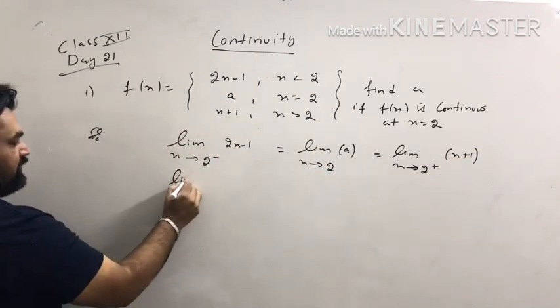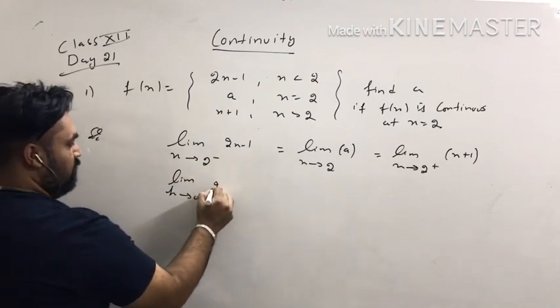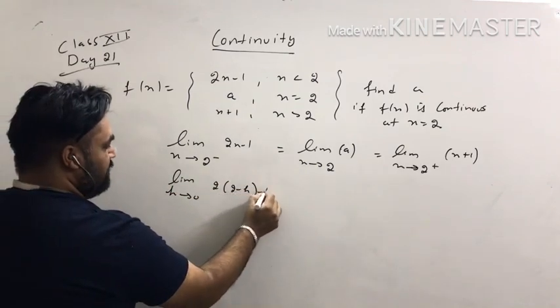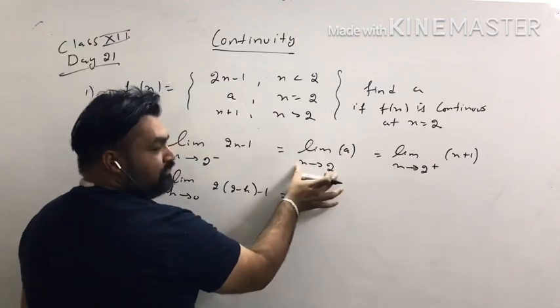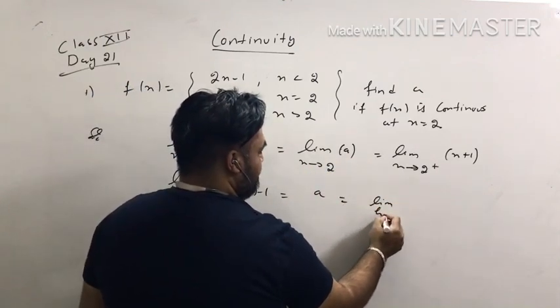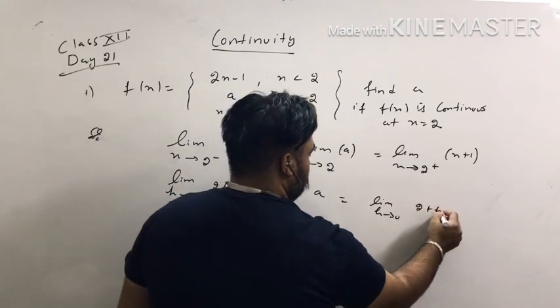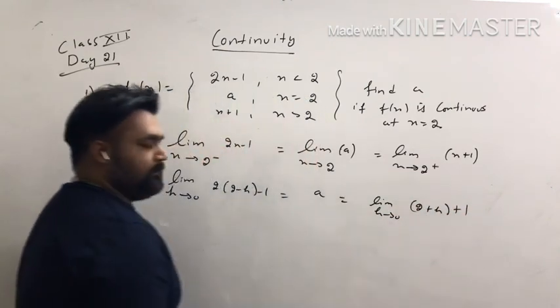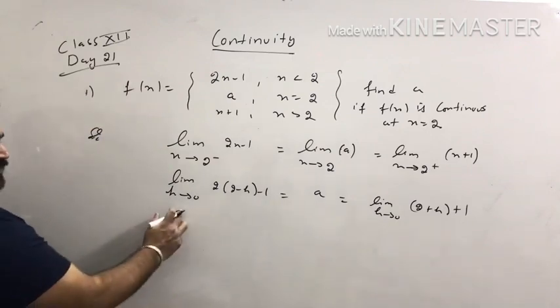Now change the limit, x equals 2 minus h, with h tends to 0. So the limit of 2x minus 1 equals a. Again change the limit, x equals 2 plus h, x plus 1. Now put h equals 0.